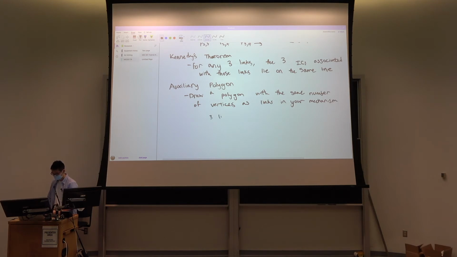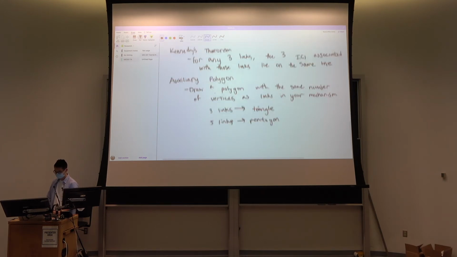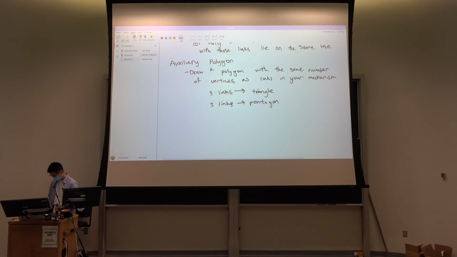So 3 links, you draw a triangle. Five links, pentagon. Okay? Next, you number all the vertices from 1 to however many you have.